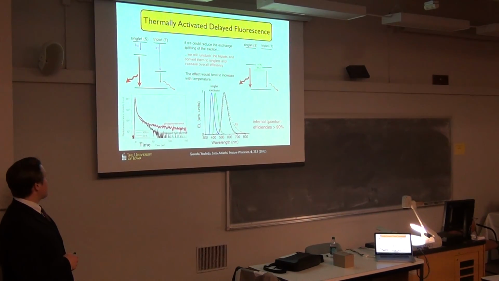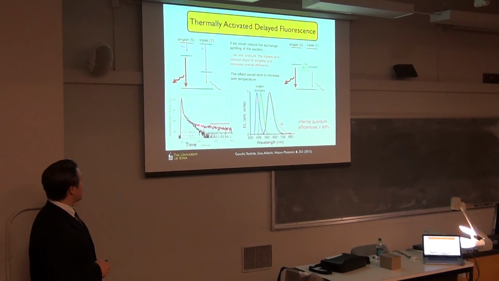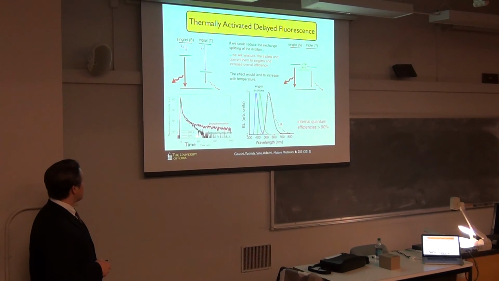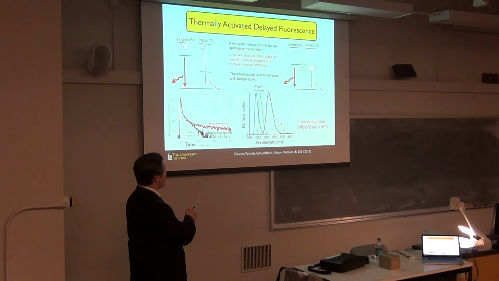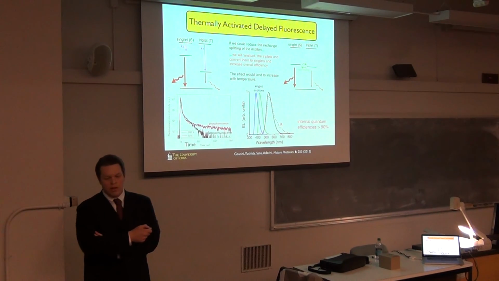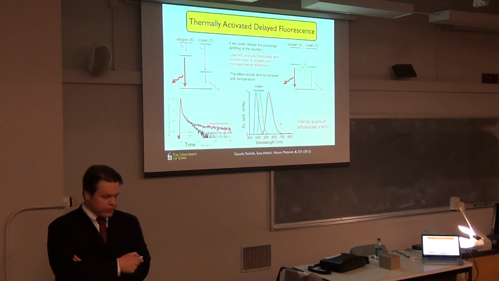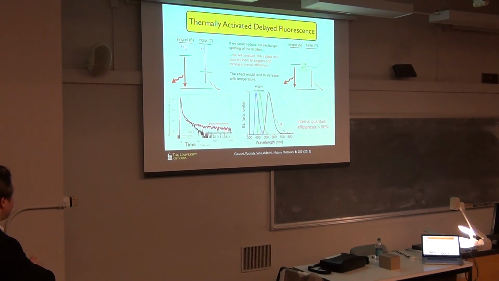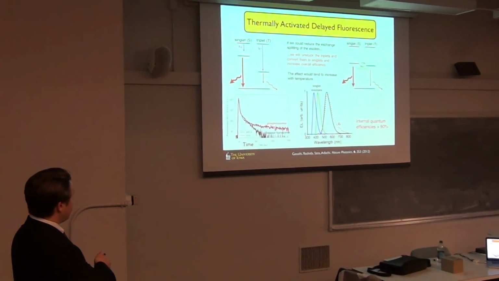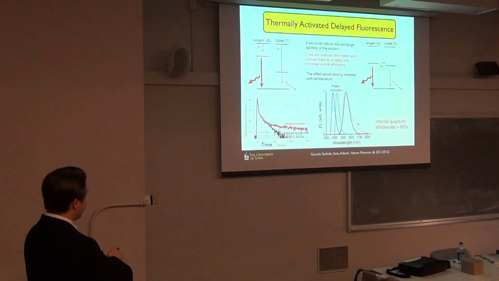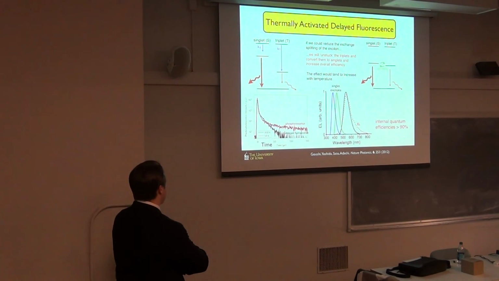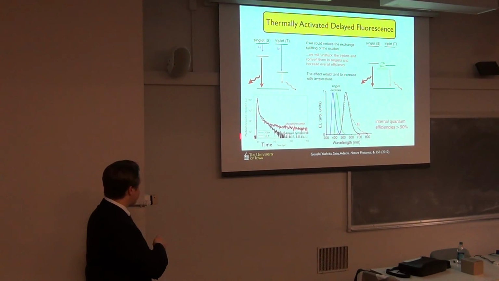Your delayed fluorescence is coming about from basically this activated spin mixing process, and you're creating a faster luminescence. For one thing, this is maybe a little bit deceptive how I plotted this.